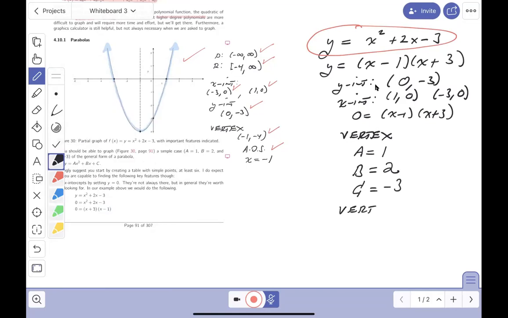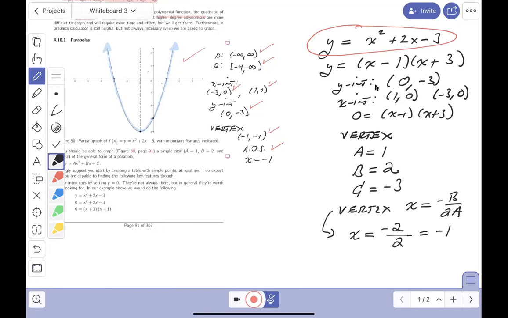All right. So the vertex, let's write this down now, is going to occur when x equals, and we'll derive the formula later, minus b over twice a. So x equals, well, what's the opposite of b? It's -2. And twice a is 2. So it would occur at -1. That's where x is -1.